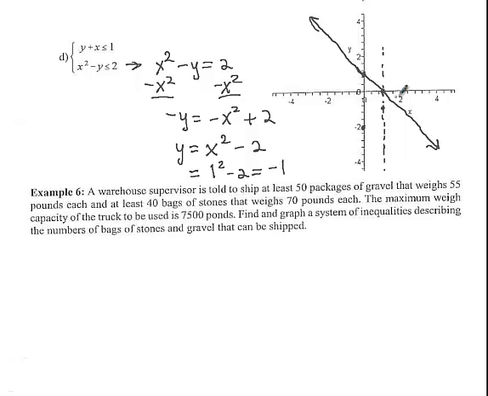Okay, and if I put in x equal 2, I have 2 squared minus 2. 2 squared is 4, minus 2 equals 2. So I would have the coordinates, let's see, x equals 2 and y equals 2. So my parabola would look like this.